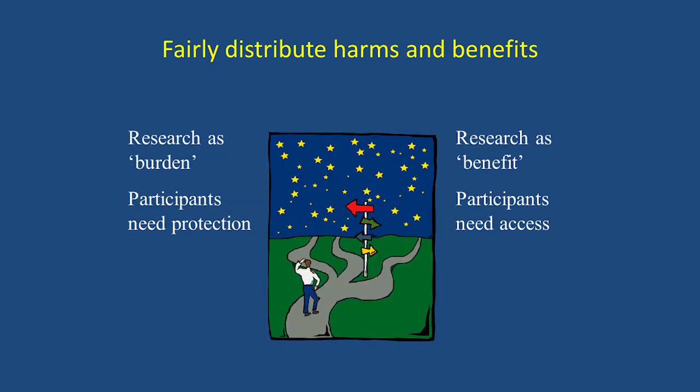Interestingly, historically, if we look at the way research has been considered for a long, long time, and even still today in some respects, research has been considered a burden, and therefore we need to protect participants in the conduct of research, and that's the main emphasis.